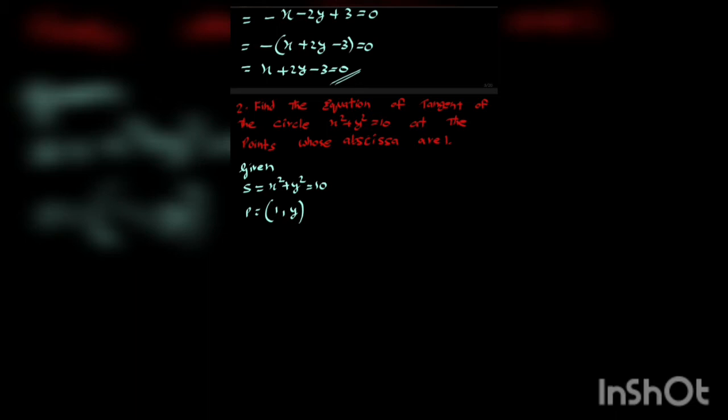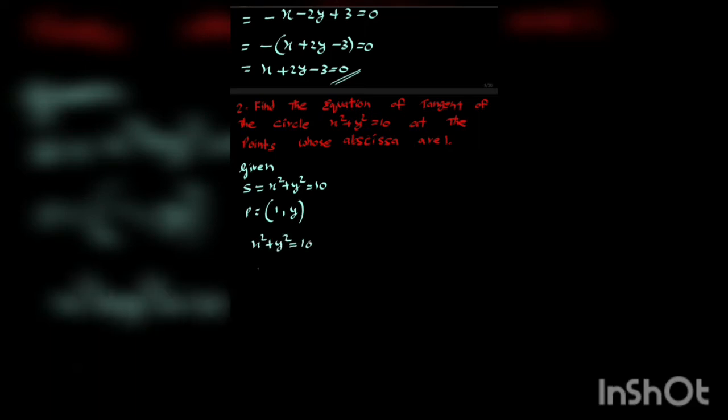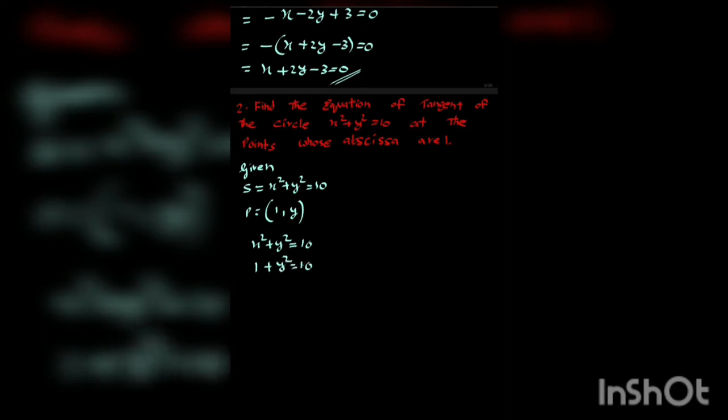Just substitute the point P in the circle. Then we get x square plus y square is equal to 10, 1 square is 1, plus y square is equal to 10. So y square is equal to 10 minus 1, y square is equal to 9 and y is equal to root 9. So y is equal to plus or minus 3.